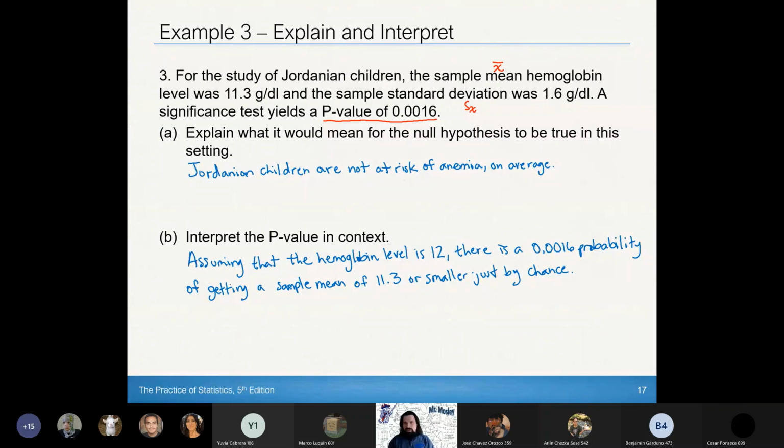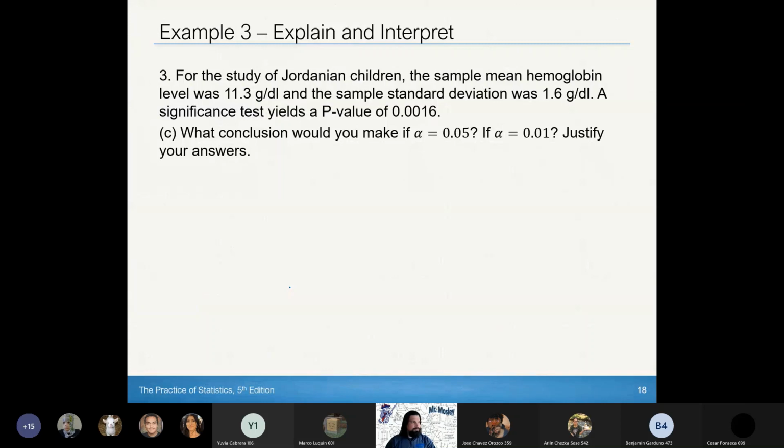Is there anything I can clarify about this part of this example? So then part C here, now we're being asked to make a conclusion based on a significance level and the p-value we have and the results of our sample.